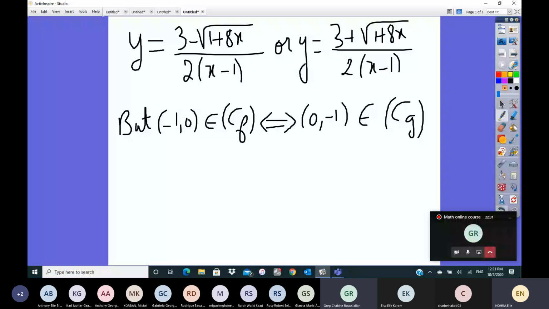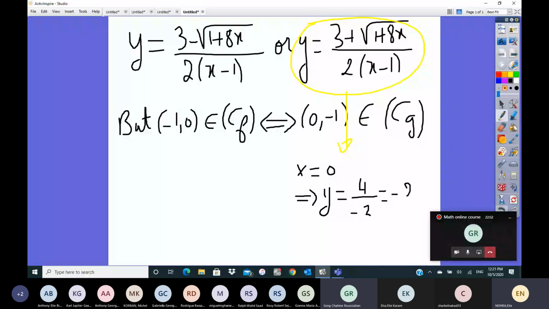Let's replace x by 0 over here. Greg, put 0 instead of x. What do you get? I get 4 over minus 2, which is minus 2.